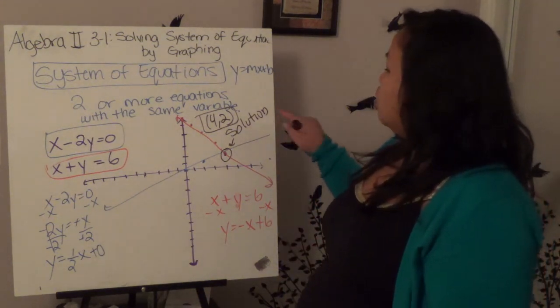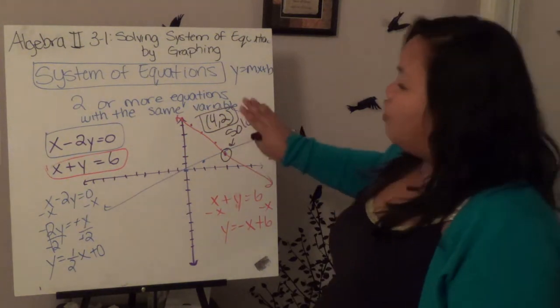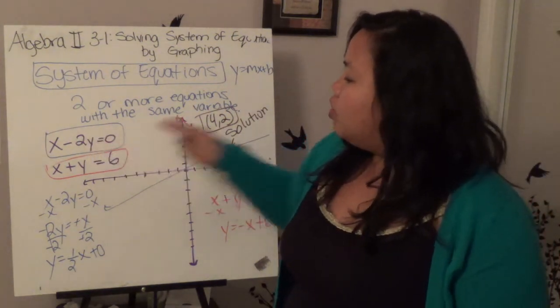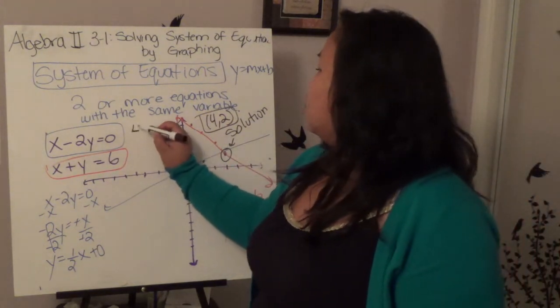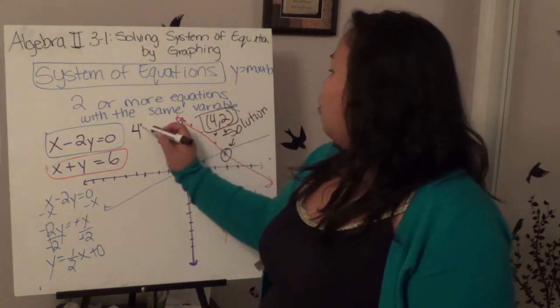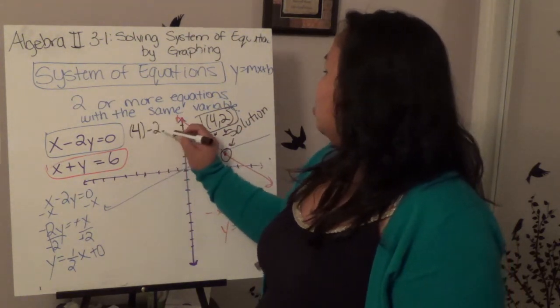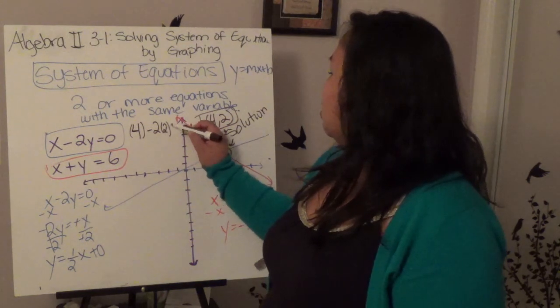We're looking for a solution where, if I plug the point into this, it makes this whole thing true, and if I plug it into this, it makes this whole thing true. For example, this is 4, this is x and this is y. So 4 minus 2 times 2 equals 0.